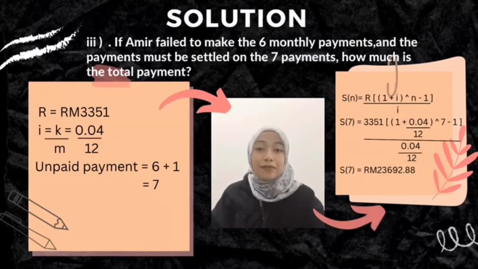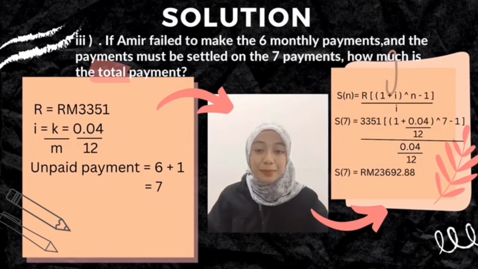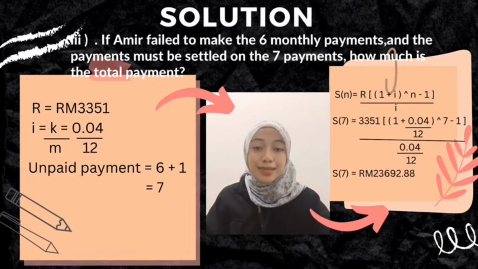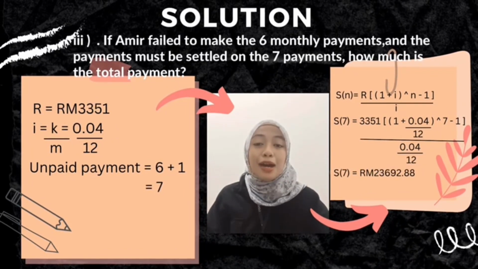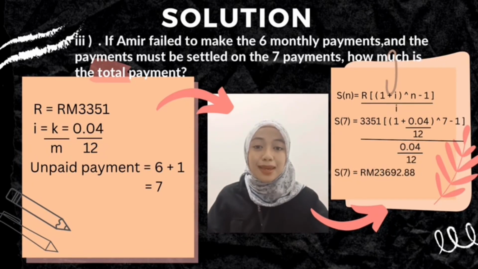Question 3. If Amir failed to make the 6th monthly payment and the payment must be settled on the 7th payment, how much is the total payment that Amir had to pay? So the formula is Sn equal to R times [(1 + i)^n minus 1] over i.